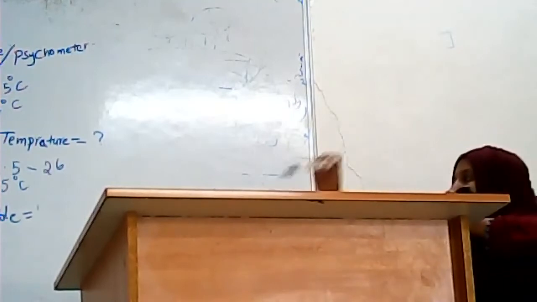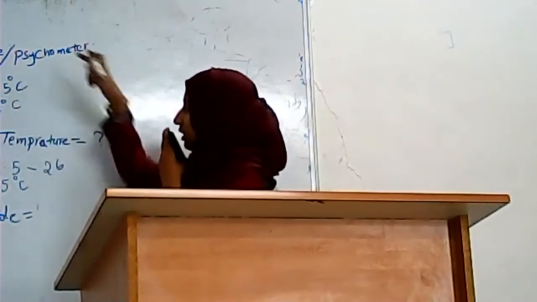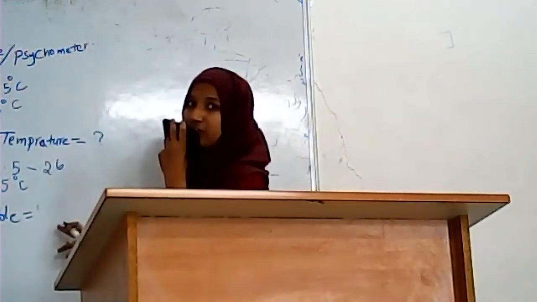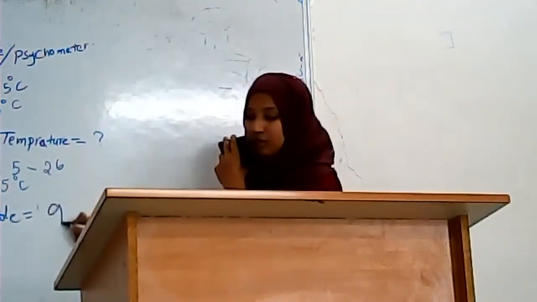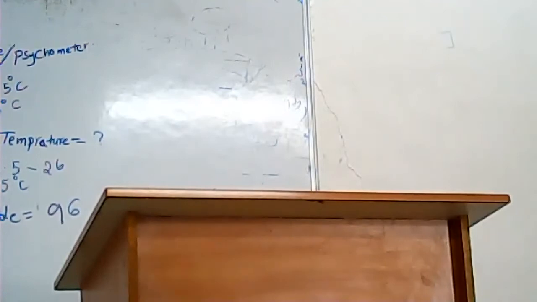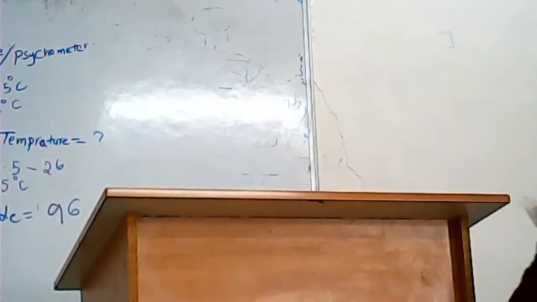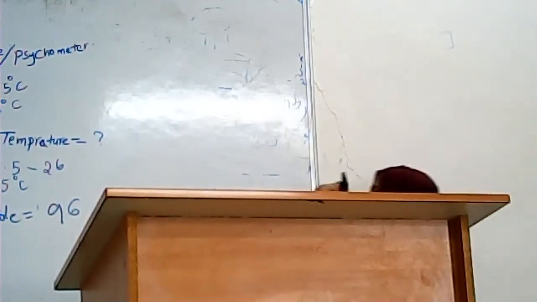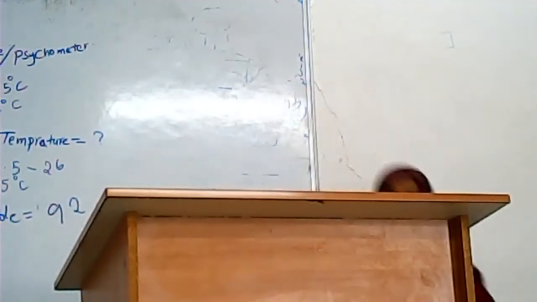from this standard humidity chart, for temperature 27 degrees Celsius and difference 1.5 degrees Celsius, the relative humidity from the chart is found to be 96. Wait, let me check once. Okay, the relative humidity from the chart is found to be 92%.